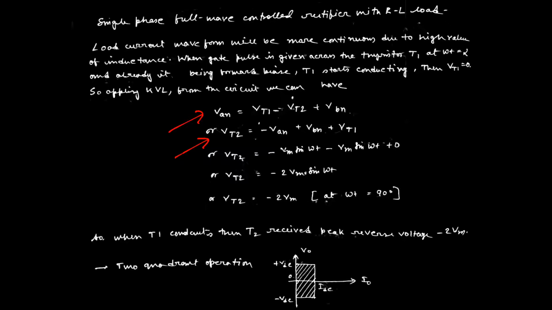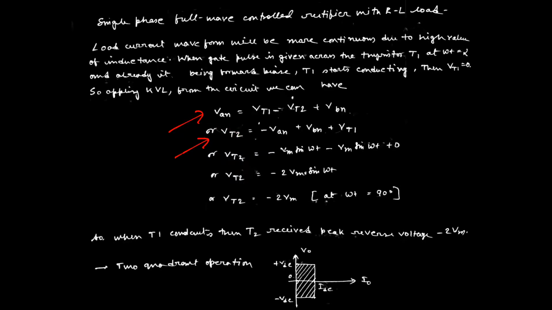Why are we going to calculate the term VT2? As we know, in the positive half cycle VT1 is triggered, but VT2 is in the off state. So our approach is to find out how much voltage will appear across VT2 when the switch is off, that is, the blocking voltage across VT2.